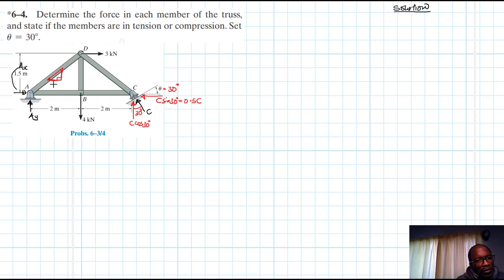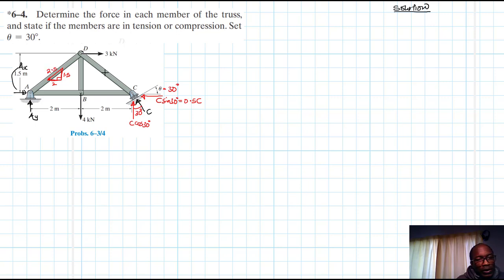So here at the bottom we have the run of 2, we have the rise of 1.5, and 2 squared plus 1.5 squared, and then root of 6.25, we get 2.5.